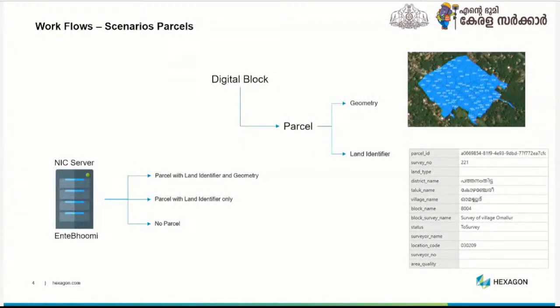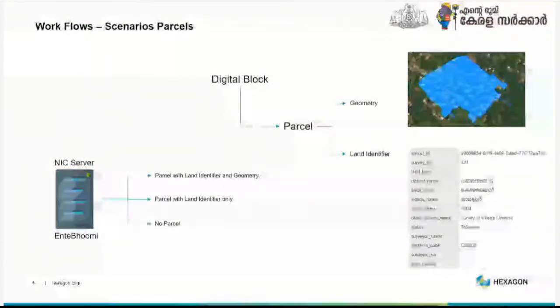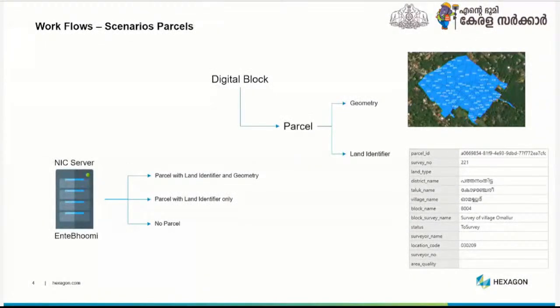Okay. Third is there is no parcel coming from Ente Bhoomi at all. That means Ente Bhoomi is not showing that there is a parcel, but you as the ground people know that there is a parcel there. Right? So these are the typical three scenarios that we have to handle in this project.